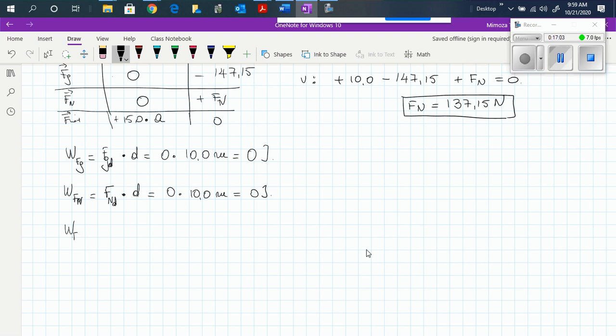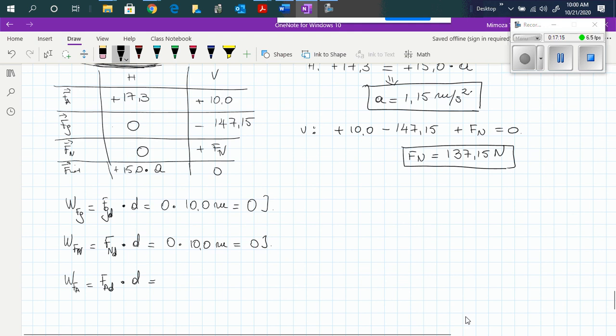And then the work done by force applied is the component of force applied along the displacement times the displacement. The table actually gives us what it is. So it's positive 17.3 times positive 10 equals positive 173 joules.